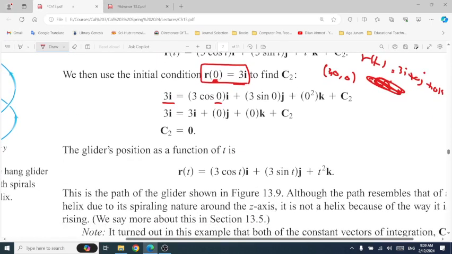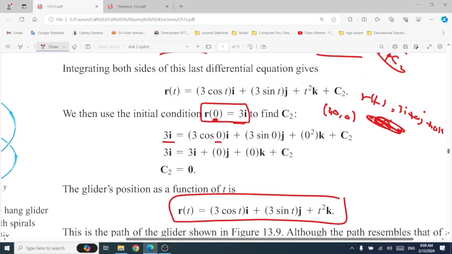This is your answer. It was easy, but it needs a little bit of technique and knowing how to substitute.